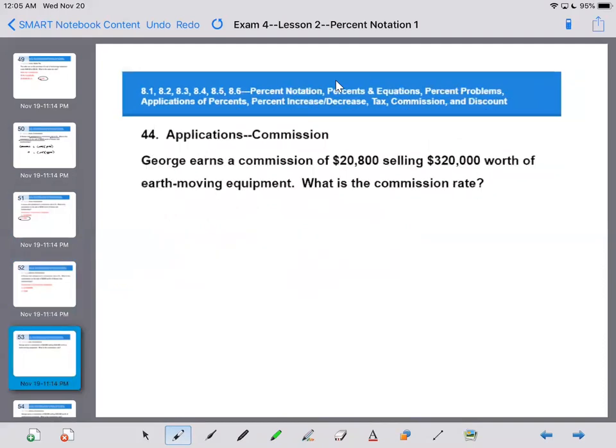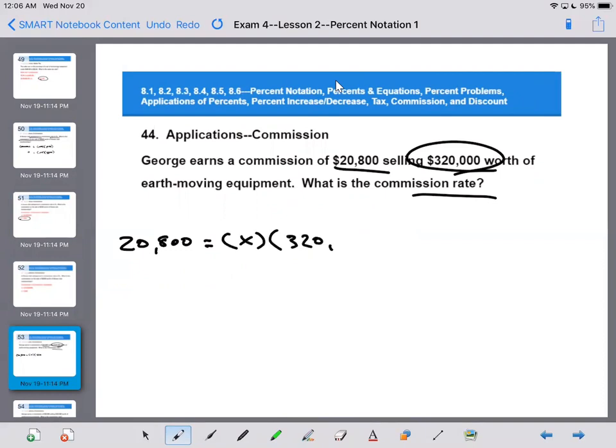George earns a commission of $20,800 selling this much worth. We're trying to figure out the rate. So George earns $20,800 in commission. I don't know what the rate is, but he sold $320,000 worth of moving equipment. Well, if you want to solve for X, you're going to divide both sides by 320,000.